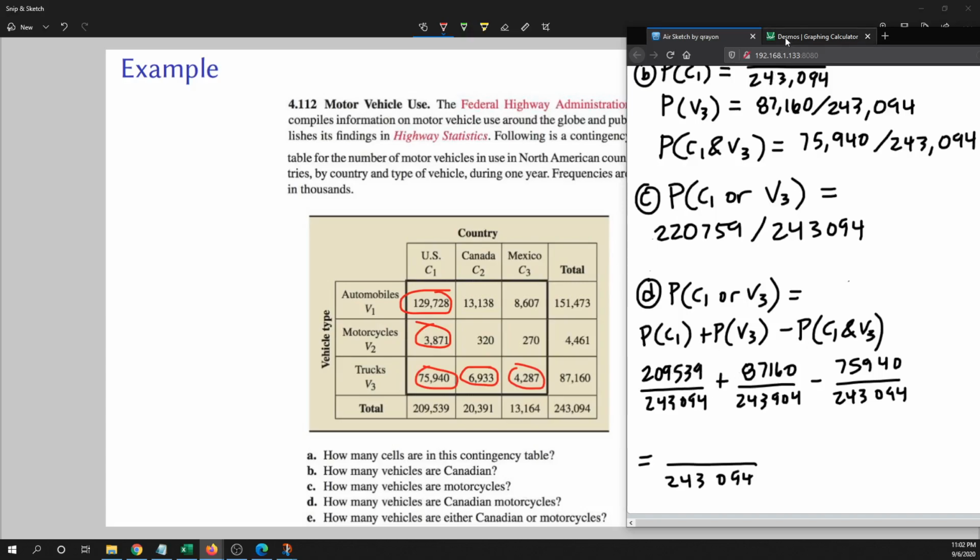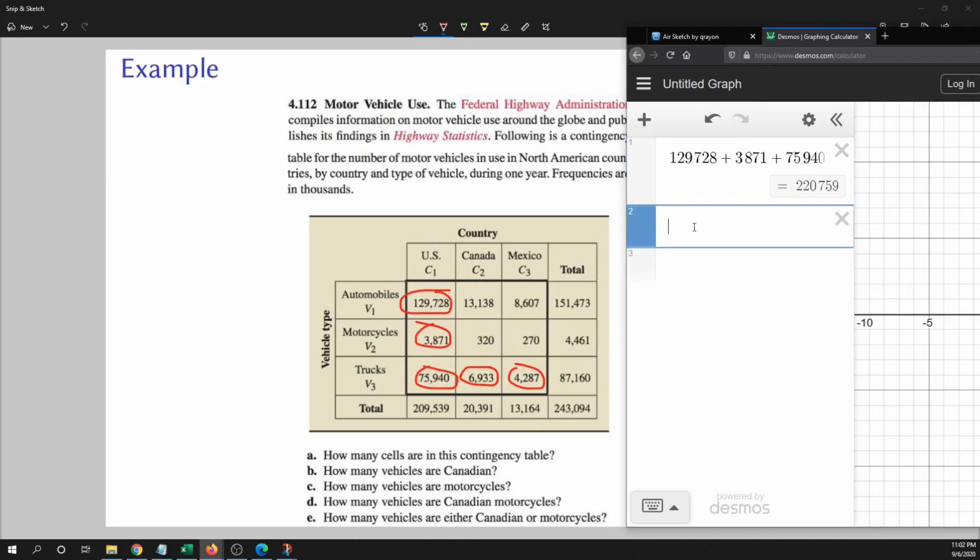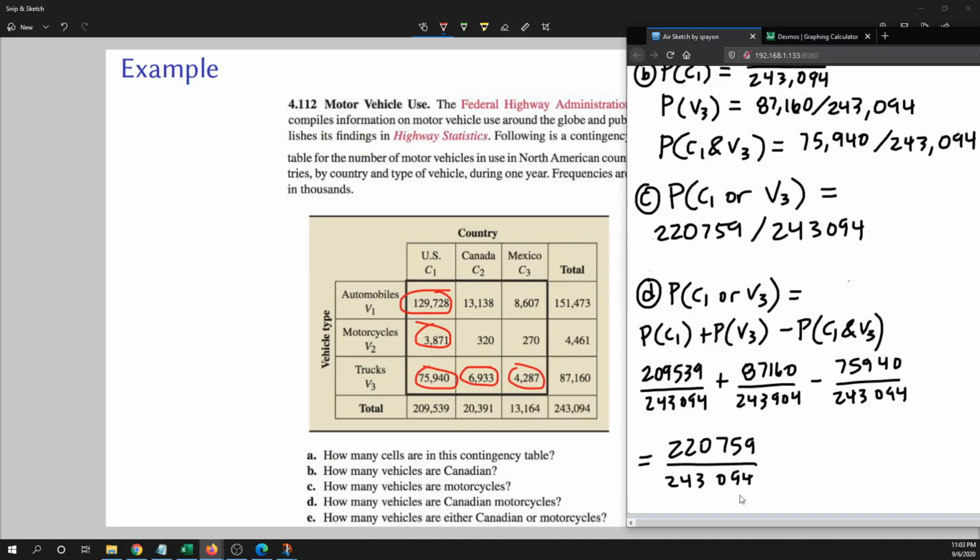So that would be 209,539 plus 87,160 minus 75,940. So 220,759 when you do that. All right, and you can see that comes out exactly the same.